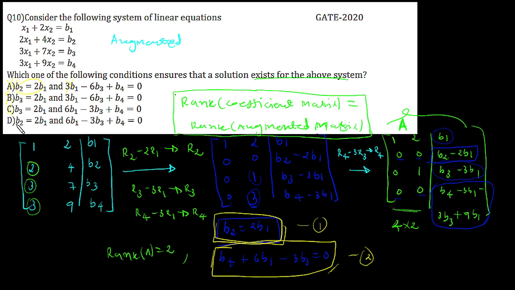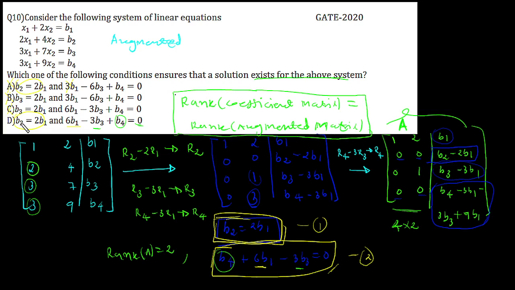Now look at option D. Option D has given this first condition as it is here, and also this second condition, 6 times b1 negative 3 times b3 plus b4 equal to 0.